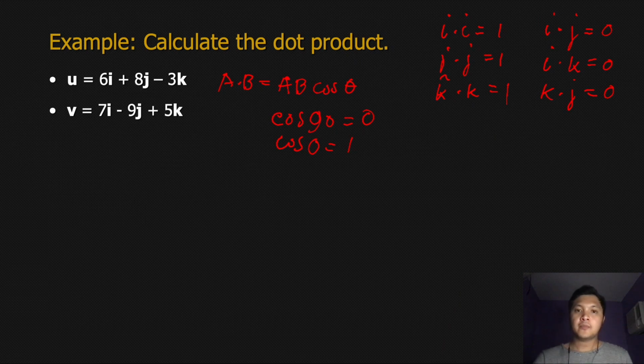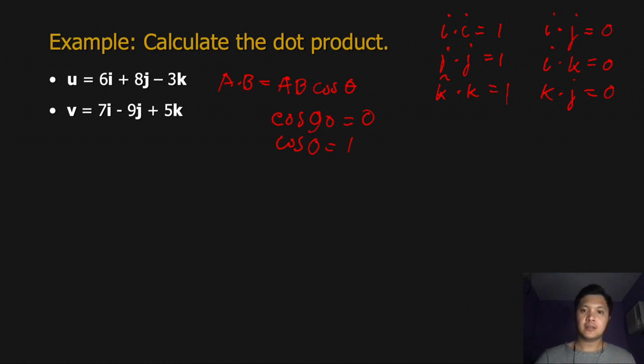So therefore, for i dot i, the angle between them is 0, so that's why it's 1. For j dot j, again the angle between them is 0, that's why it's 1. However, for i dot j, the angle between them is 90 degrees. Therefore, cosine 90 is 0, so that's why all of these three are zeros.